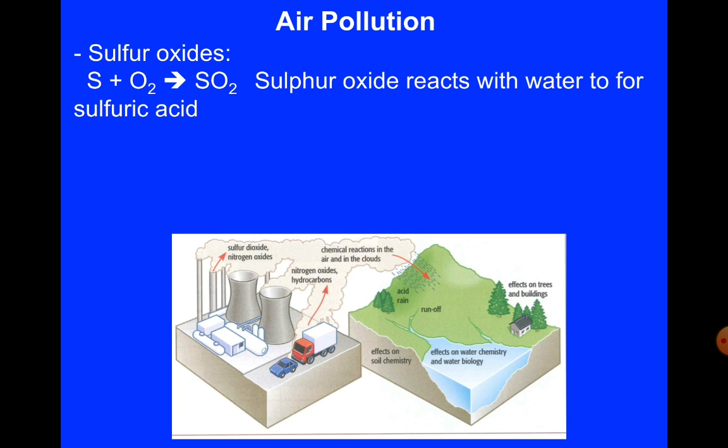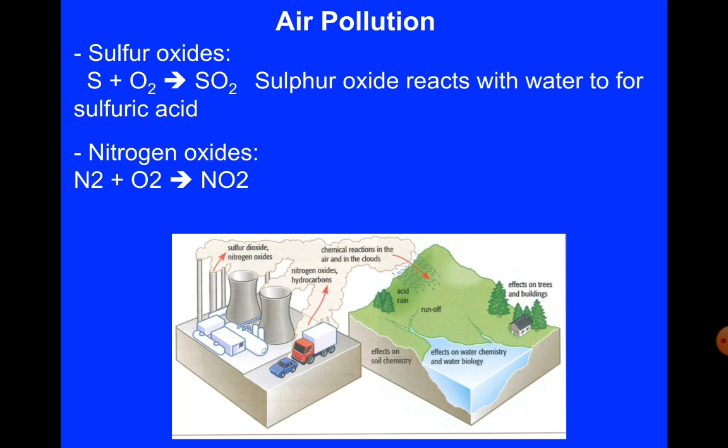So when sulfur reacts with oxygen, it forms sulfur dioxide. The sulfur dioxide reacts with water to form sulfurous acid and sulfuric acid, and comes into the air. We also have the nitrogen oxides.